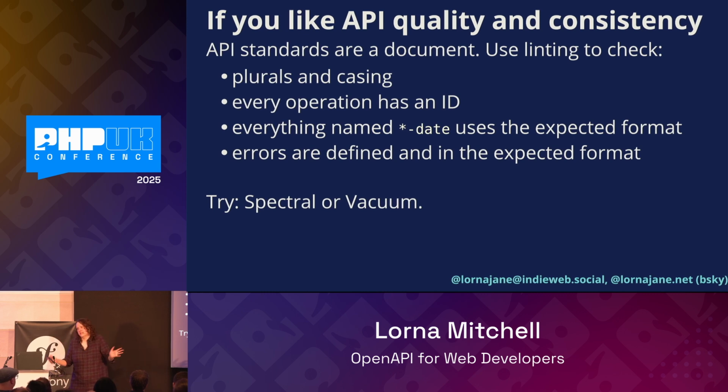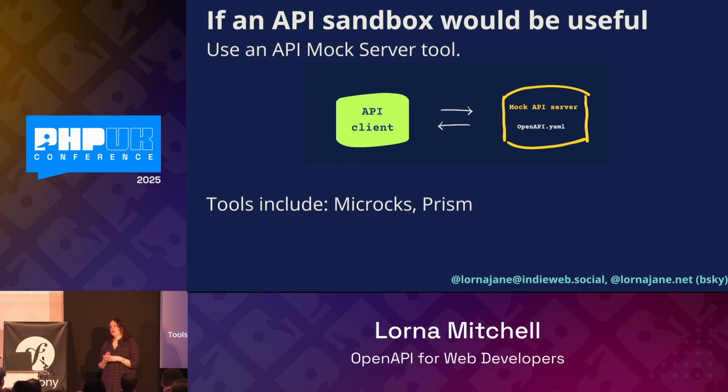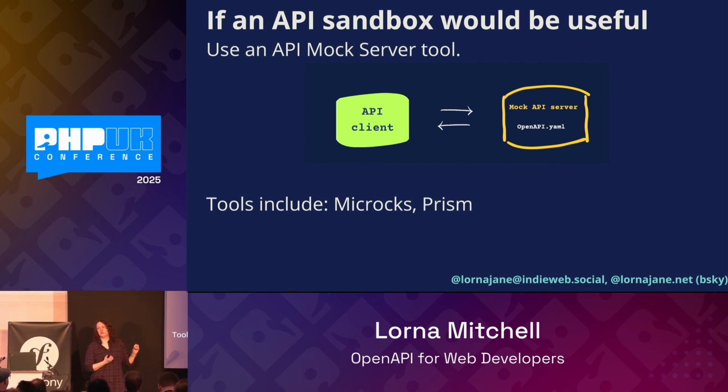So, sorry. Okay, let's talk about some other scenarios. How about if you don't have an API sandbox or test platform and you'd like one? Again, your OpenAPI description is going to help you enormously, because you can give the OpenAPI file to some kind of mocking tool, of which there are many.